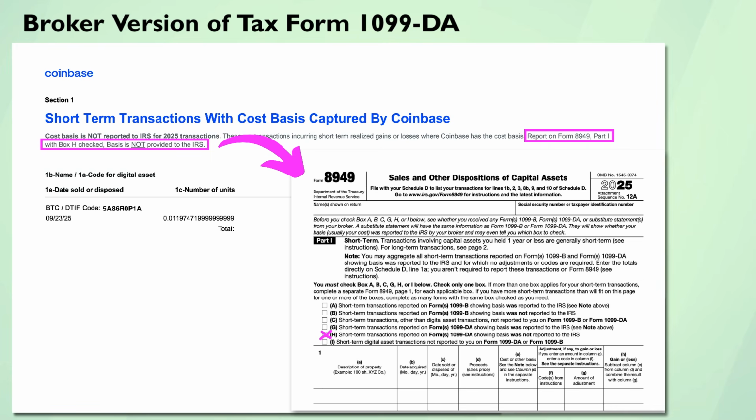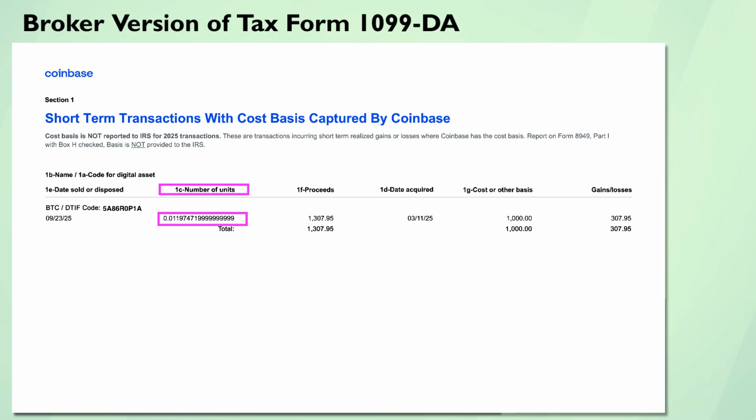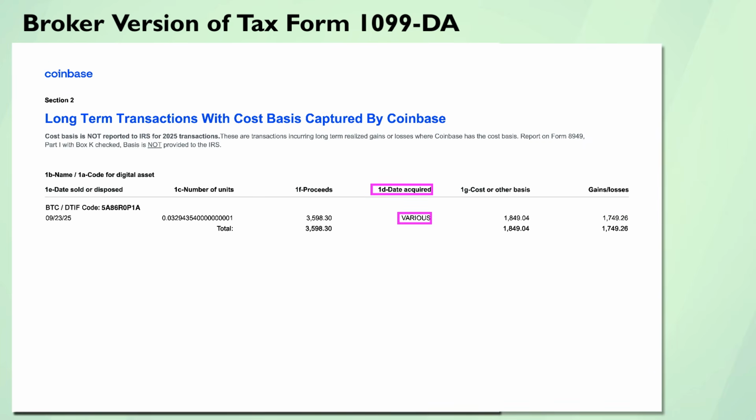In this example, it would be Box H. You will also see references to the original 1099-DA box numbers, such as Box 1E for date of sale, Box 1C for number of units sold, Box 1F for proceeds, Box 1D for acquisition date, and Box 1G for cost basis. The acquisition date may also display various for multiple purchases.